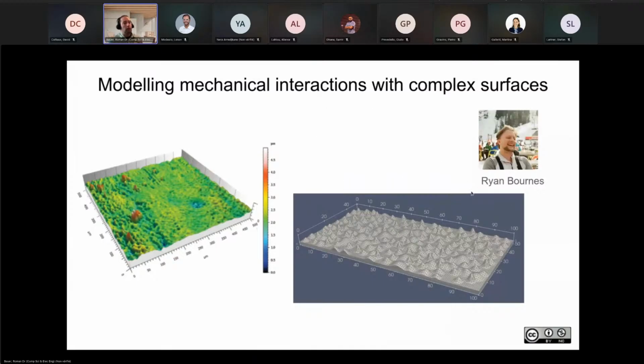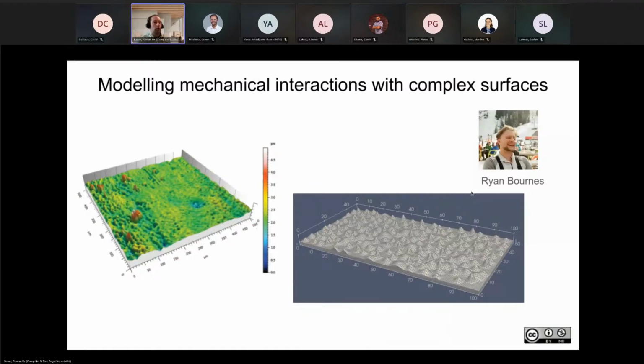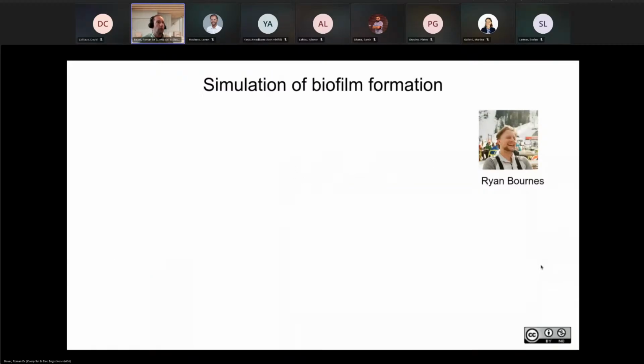And so what he did is he can actually import into BioDynamo surface meshes that reflect the surfaces of PVC catheters, and as you can see here, these are really complex surfaces. So we can go beyond simple, smooth boundary conditions, and now have very realistic boundaries, and we can model various physical processes, and also the interactions between bacteria and those substrates.